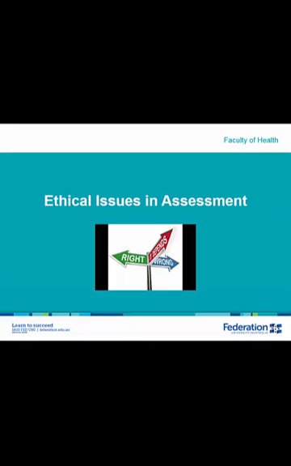Ethical issues in personality assessment are similar to those that apply to other psychological research in general.